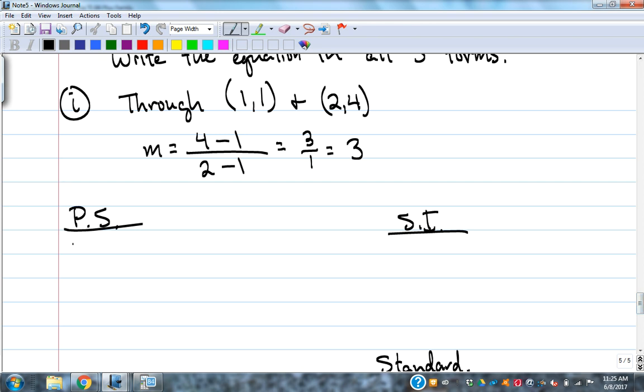No. Pick one of them. Be careful not to mix and match and use one piece from one and one piece from another. That's a pretty common mistake in this. So I'm going to pick the 1, 1 because ones look easy, right? Y minus 1 is 3, x minus 1.